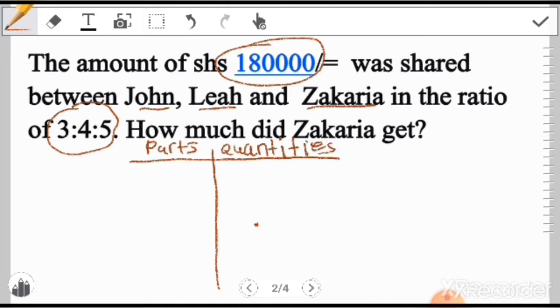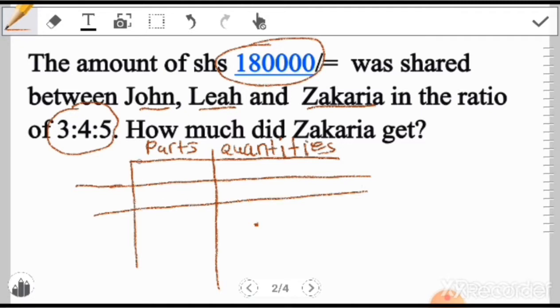On the side I will keep the corresponding names for each part.